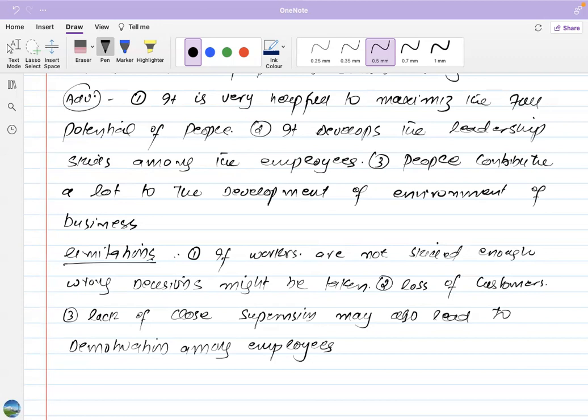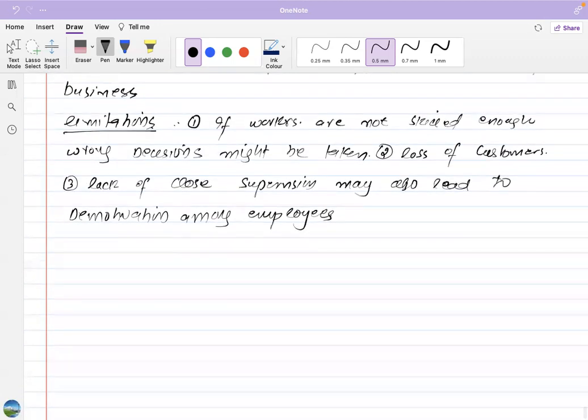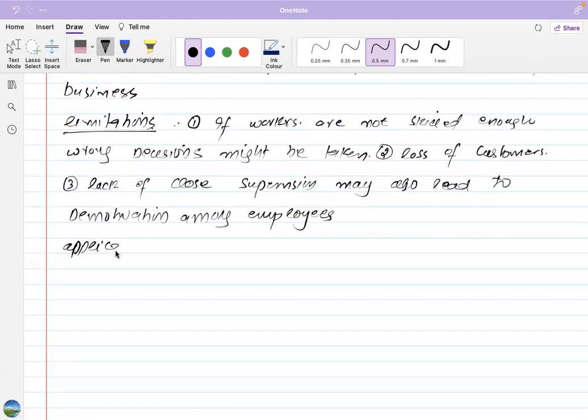One thing is remaining, that is the application of this style of leadership. First of all, when managers are too busy with something else, they might leave the decision-making process to the workers.